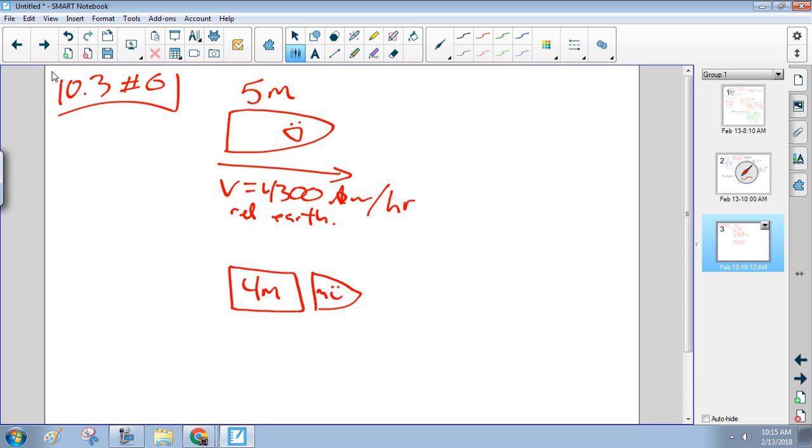Okay? So let's do this. Do you agree that this front chunk is going to speed up and the back chunk is going to slow down and maybe get pushed backwards, but I don't know? Okay, so let's call this VF for the front chunk. Now, when I say that, I should be explicit.